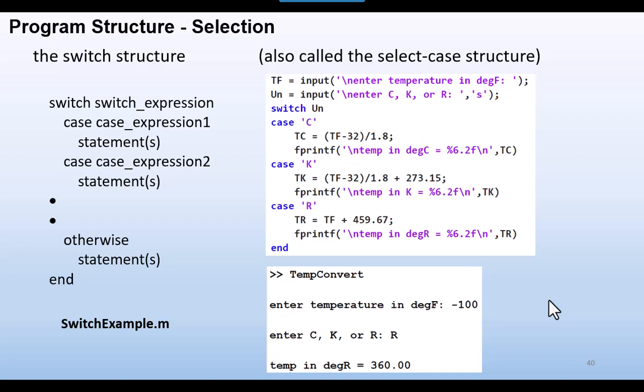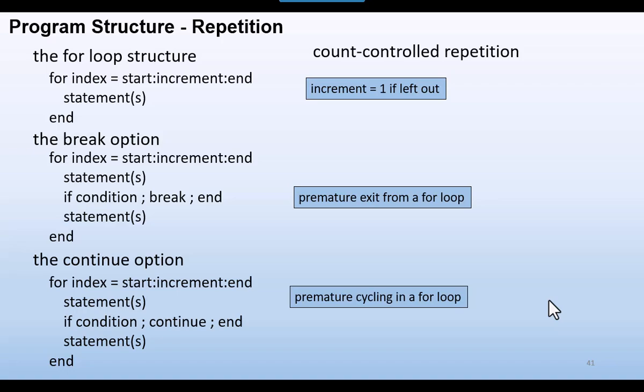And now what we're going to do is we're going to go on and we're going to look at repetition or looping structures. All right. And the first one of these we're going to look at is the for loop, which is called count controlled repetition. And the general structure of this is you do for a variable we call index here, can be any variable, start, colon, increment, colon, end.